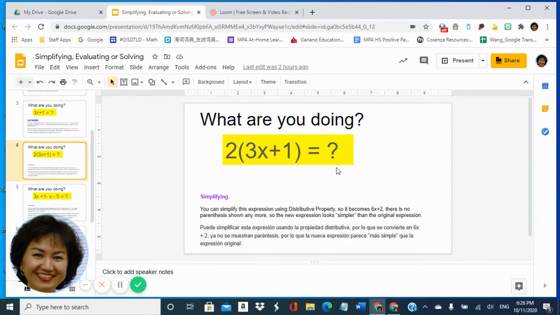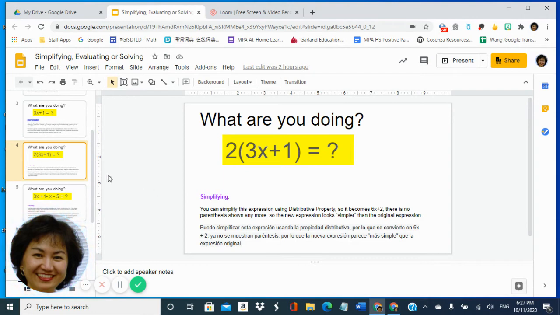But 6x plus 2, there is no parenthesis anymore. So it looks simpler than the original given one. So we called this process as simplifying. So remember, distribution is a way to simplify an expression.